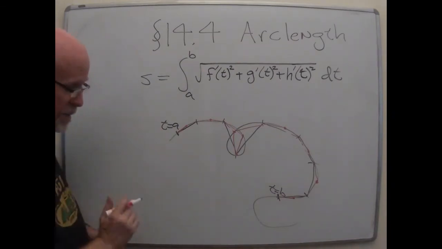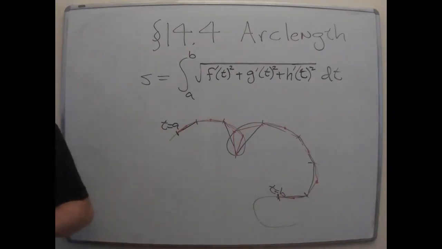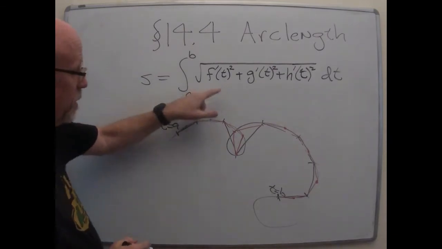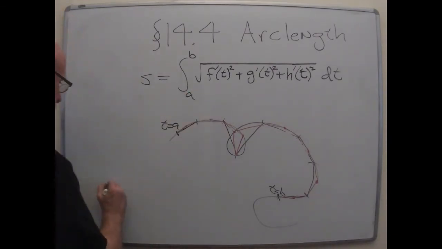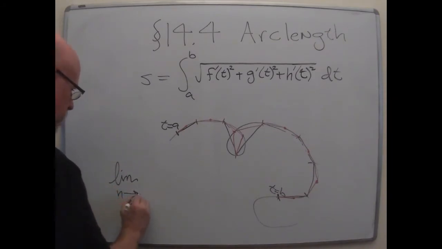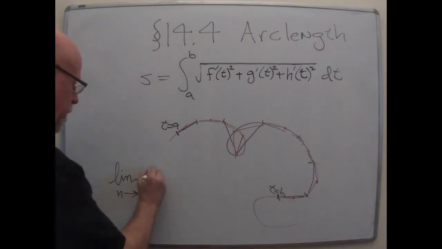So how does that process really work? This integral is the limiting value as some parameter, let's call it n for the number of subintervals, as n goes to infinity, of a sum.